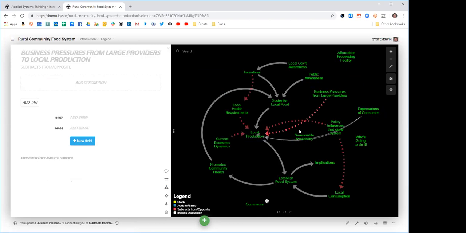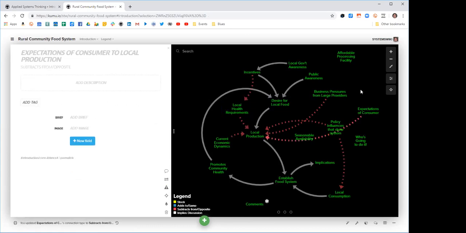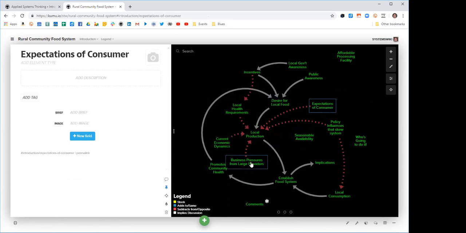I'm aware of a movement called the ugly food movement, where people are actually buying their produce because it's imperfect. It has the same nutritional value, and you can still use it, but it's not that perfect bright red Washington apple that they've marketed so well to us.